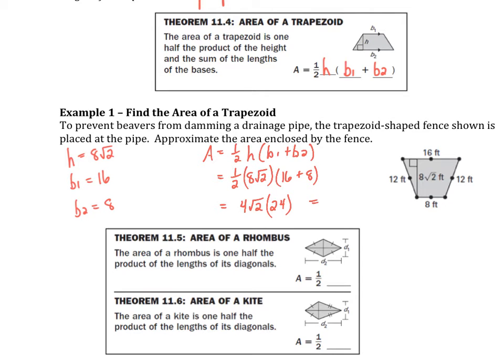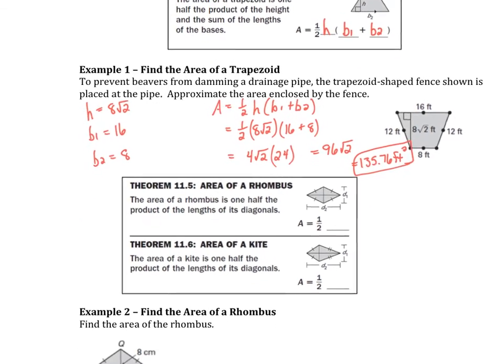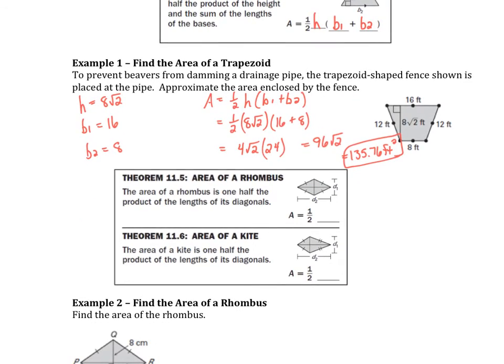If we want the exact answer, it'd be 24 times 4, which is 96. So it'd be 96 square root of 2. And then we would do 96 times the square root of 2, which is 135.76 feet squared. So the area of this is 135.76 feet squared. 1/2 times the height times base 1 plus base 2.